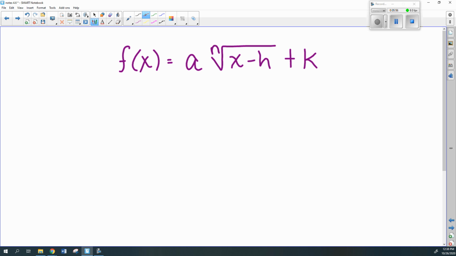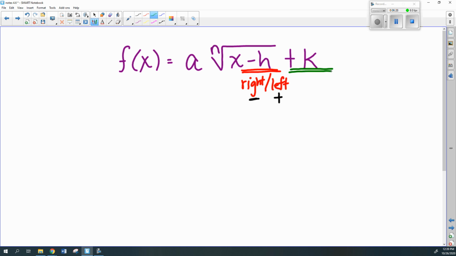Okay, so what you have to remember is if there's addition or subtraction inside the grouping symbol, which in our case would be under the root, that's your right or left shift. And what you have to remember is that a minus is actually a right shift and a plus is a left shift.